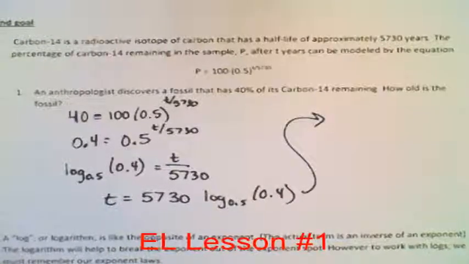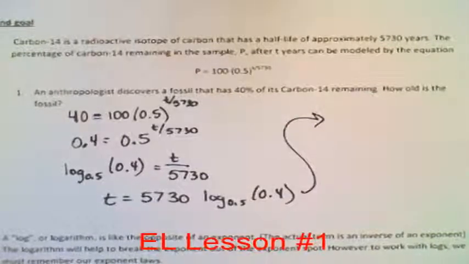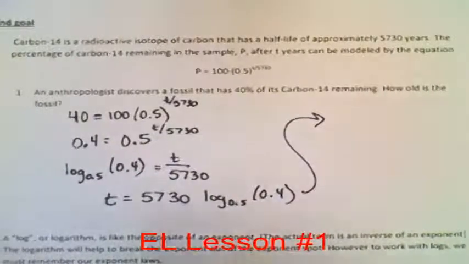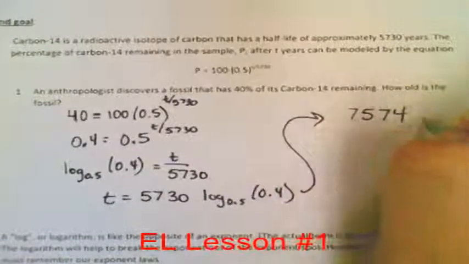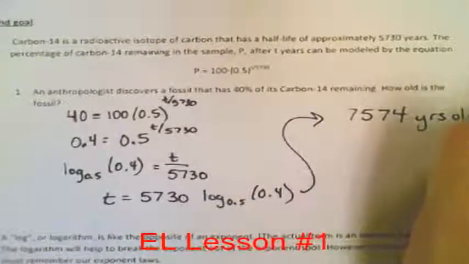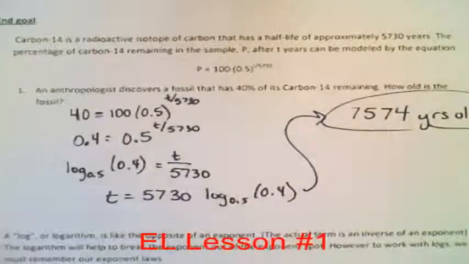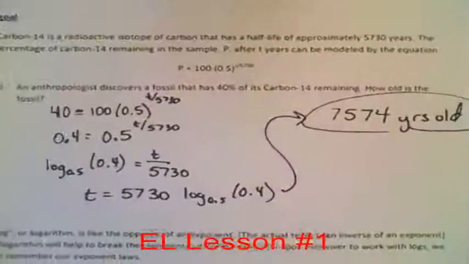I mean, that's a number, but I don't know what that number is, so I can go and figure that out. If I figure out 5,730 times the log base 0.5 of 0.4, and I work this out, I'm going to get that this sample is about 7,574 years old.